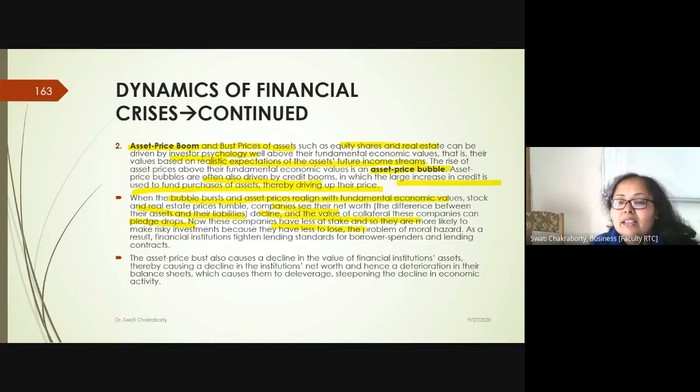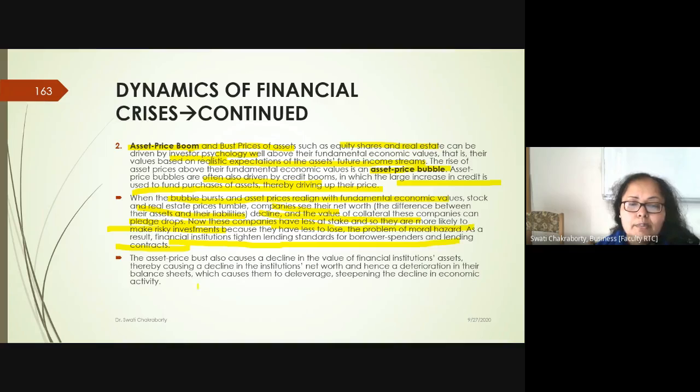Companies have less at stake, so they are more likely to make riskier investments because they have less to lose. So there is the problem of moral hazard. As a result, financial institutions tighten the lending standards for borrowers and lending contracts also.